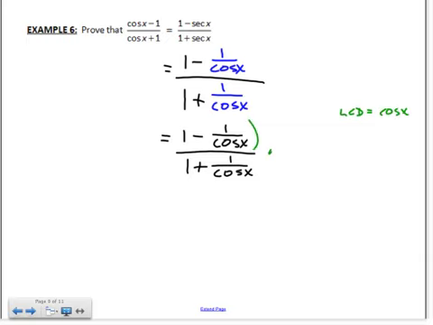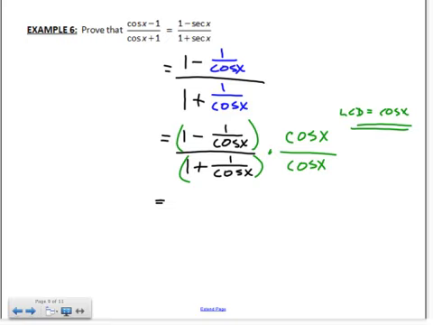So we distribute across the top cosine x, and we distribute across the bottom cosine x. The whole purpose in doing this step is that all of the fractions in the fraction go away. This is an old Algebra 2 concept. We started it again at the beginning of the year, so you should recognize it.